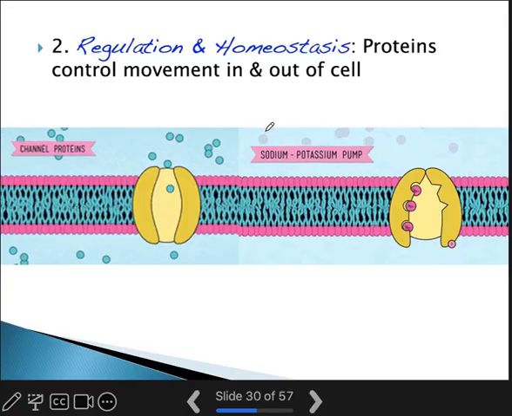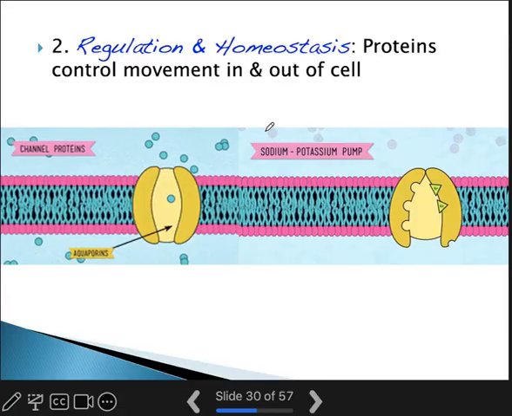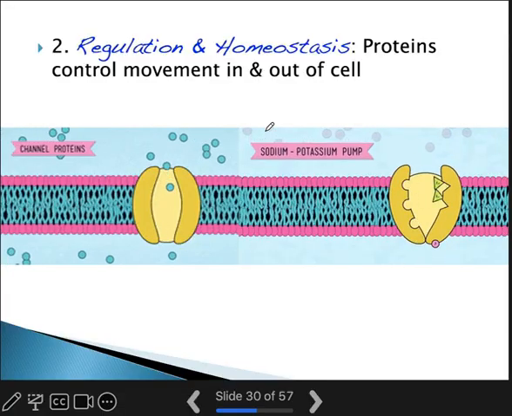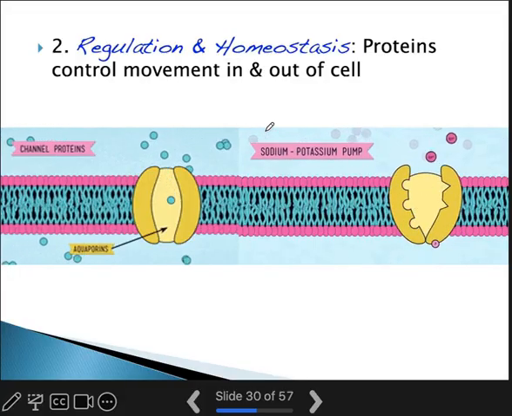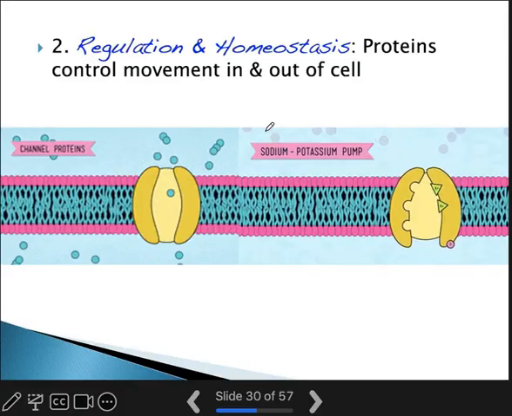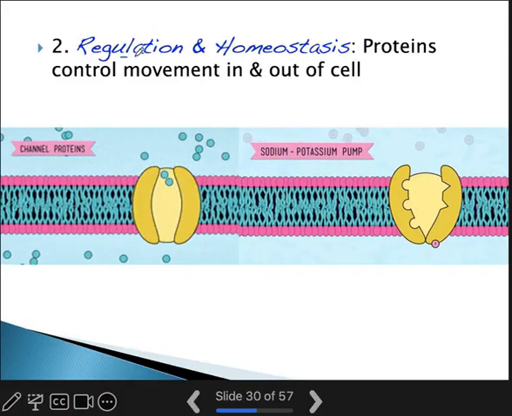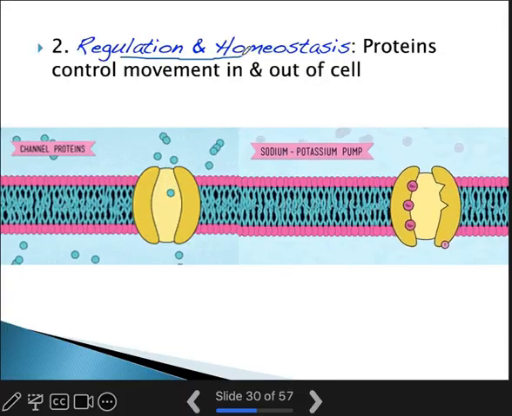If it wanted to be negative inside, it could make channels specifically for chloride to enter. So depending on what the cell wants, it will afford a unique internal environment by producing particular proteins and embedding them in the membrane. So the membrane will have this ability now to regulate and maintain homeostasis by what the cell builds and inserts in the membrane.